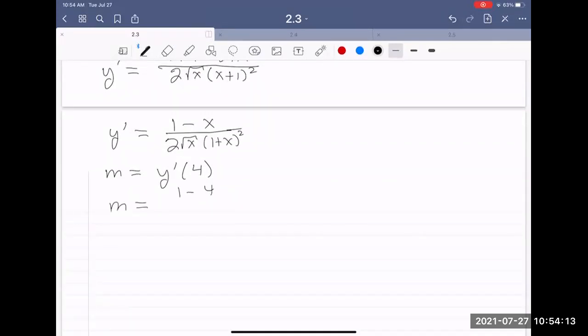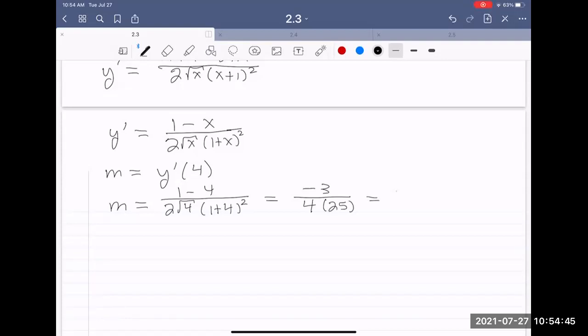So 1 minus 4 over 2 rad 4, 1 plus 4 squared. 1 minus 4 is a -3. 2 times square root of 4 is 2 times 2, which is 4. 4 plus 1 is 5, and 5 squared is 25.